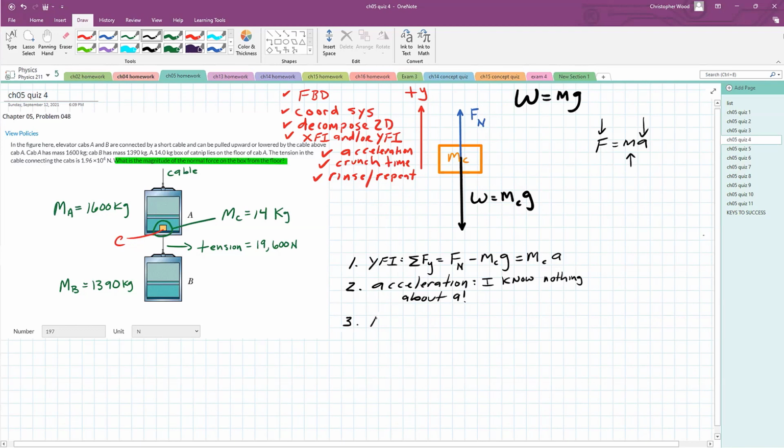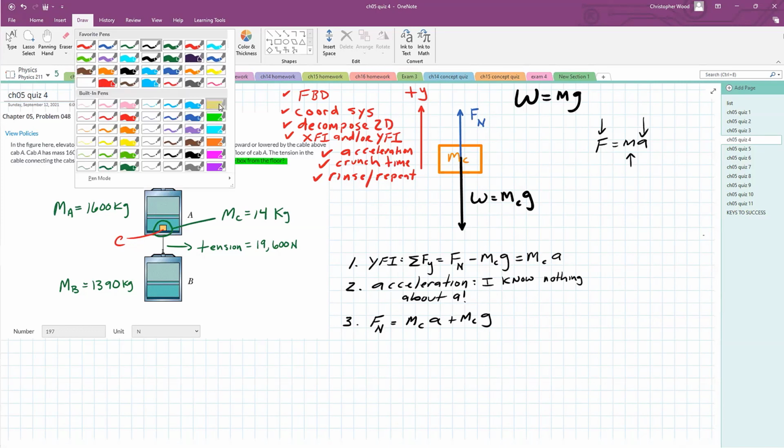So I think that's where I'm going to probably start focusing because here's the result. The normal force, this is my dollar sign, is equal to mc times a plus mc times g. I'm just doing algebra right here.